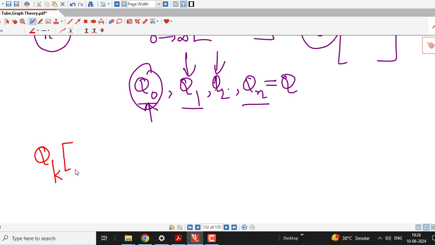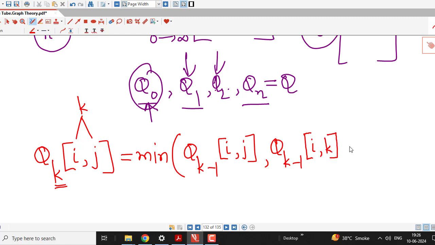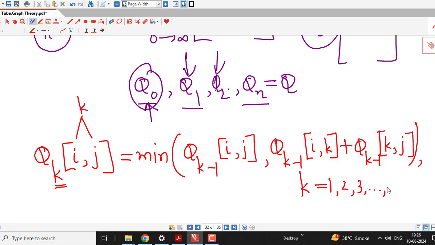Suppose I am interested in writing the ijth entry of matrix qk, then it is the minimum of the ijth entry of the previous matrix, that is qk minus 1, and because I am writing for qk, here I will go from i to k and from k to j, that is the ikth entry of qk minus 1 plus the kjth entry of qk minus 1, and this I will repeat for k equal to 1, 2, 3 up to n.